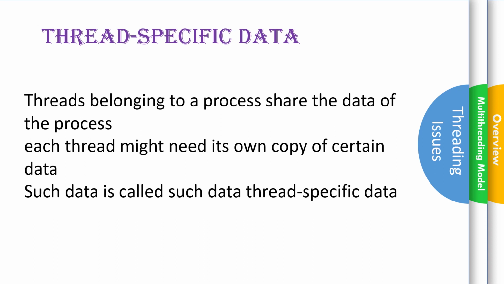But we can have some data, like session data or something which is related to a particular session. It can be related to the process, but you can have it as thread specific data also.